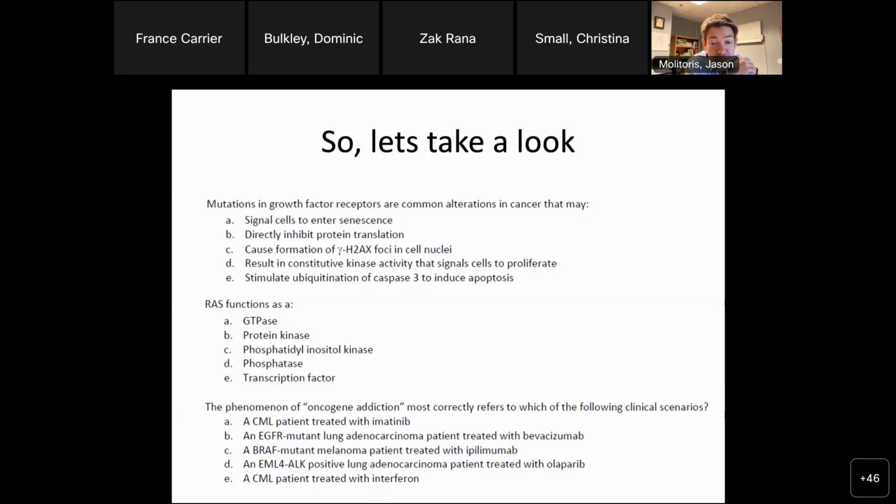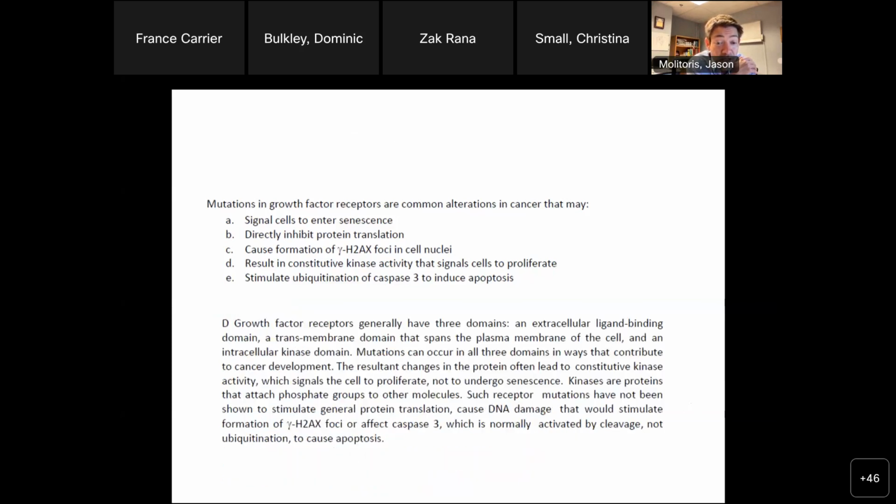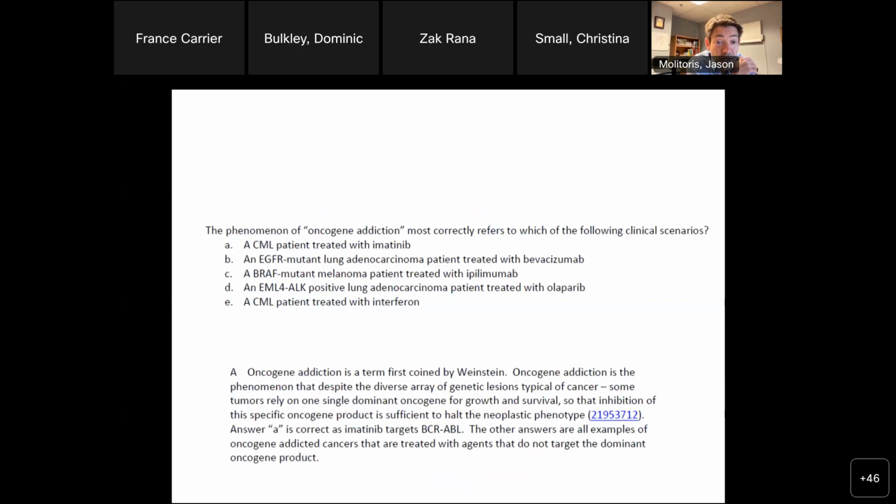This one is a little bit more tricky. Bevacizumab is an anti-angiogenic. Ipilimumab is an immunologic medication, and interferon is not it. So it's imatinib. Really, BCR-ABL is the oncogene addiction.